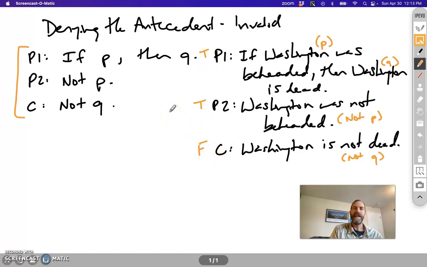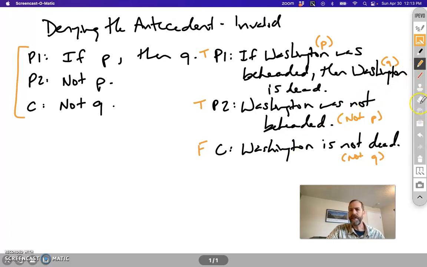So this would be an invalid argument. We would not want to be convinced by it, even when the premises and the conclusion are all true. Again, that would be because the conclusion is true by luck, okay, not because of the premises, not out of necessity.